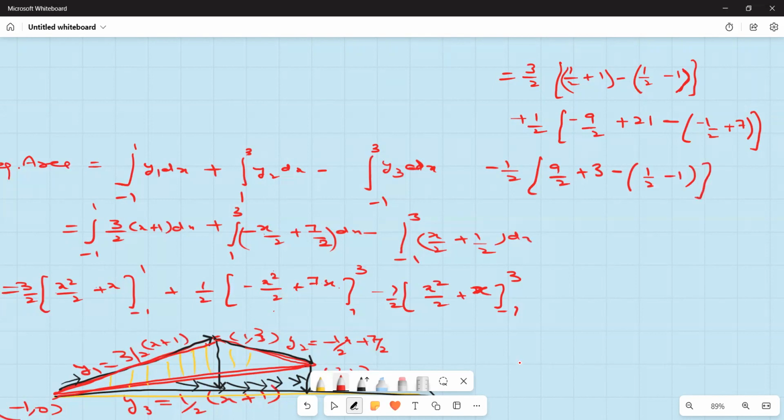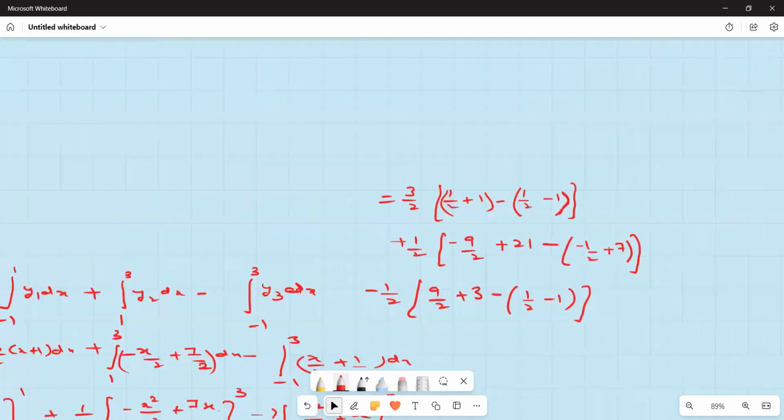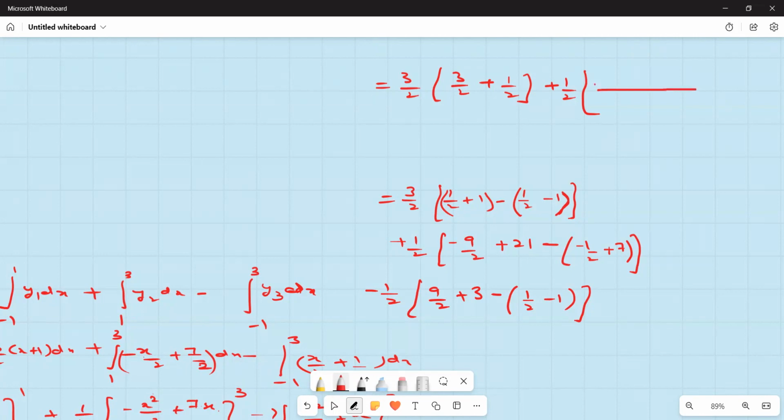So this is we are getting as 3 by 2, 3 by 2 minus half, minus minus half. So that is plus half. Plus half. This is, if I do minus 9 by 2, if I take the 2 LCM only, minus 9 plus 42.